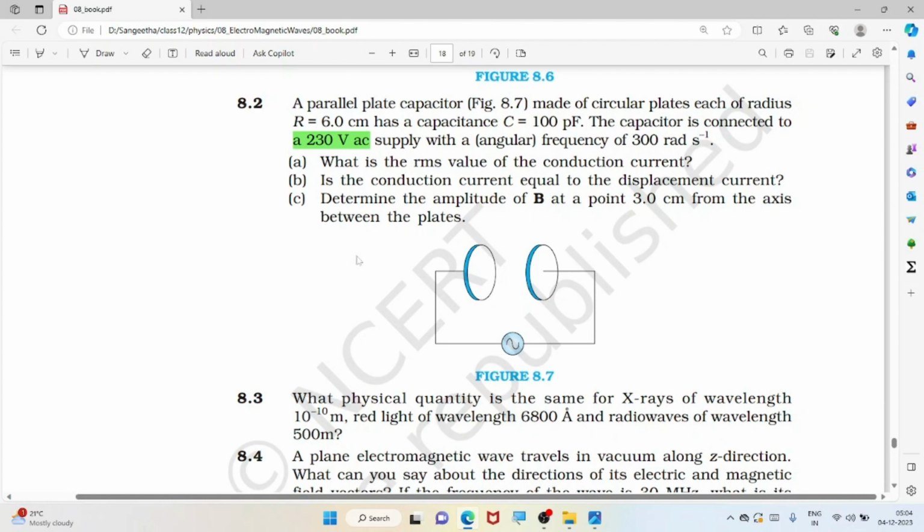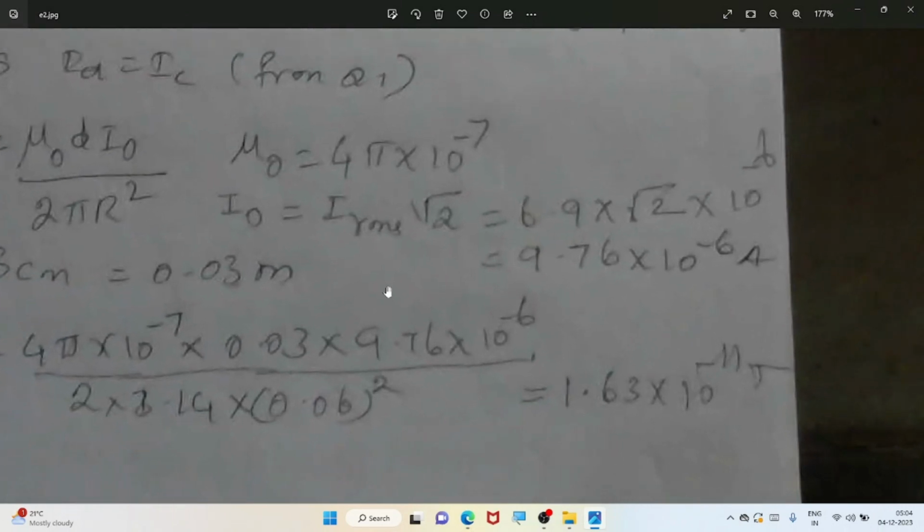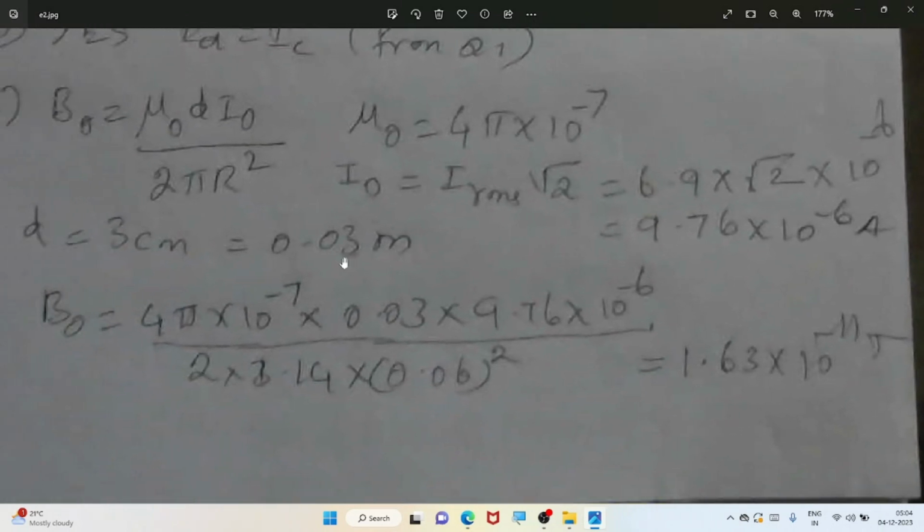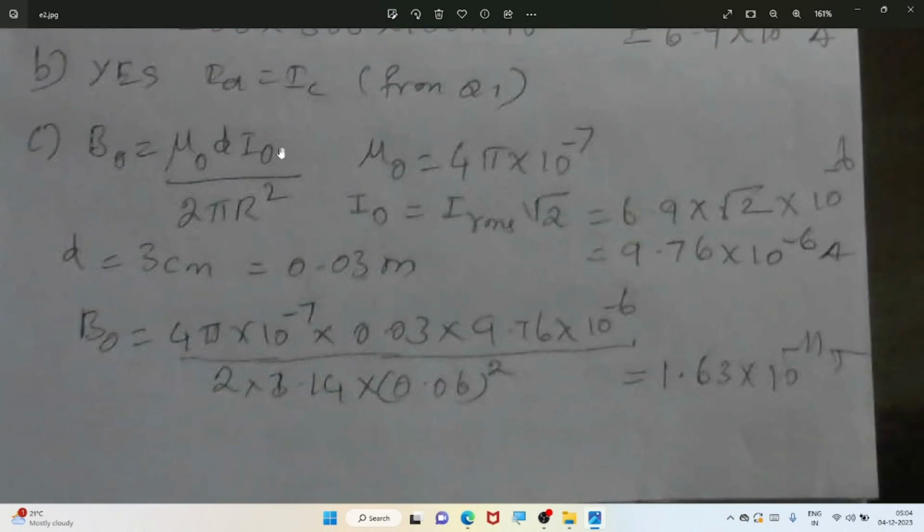Determine the amplitude of the magnetic field at a point 3 centimeter from the axis between the plates. 3 centimeter you should convert to meter: 0.03 meter. B naught equals mu naught times r times I naught divided by 2 pi R squared. R is given. Mu naught, the permeability of free space, is 4 pi times 10 power minus 7.